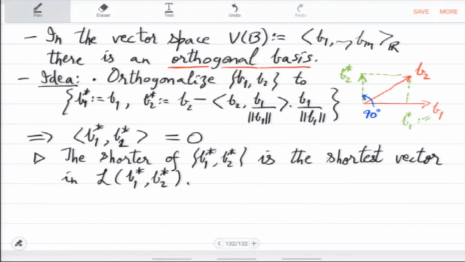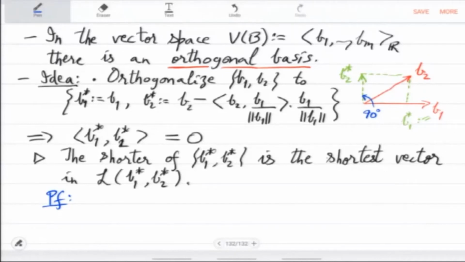So why is that? This is an important point. This is basically a special case of lattices where the generating set or the basis is orthogonal. So in that case, the SVP problem is very simple. You just look at the shortest basis vector. That will be the shortest vector in the lattice.